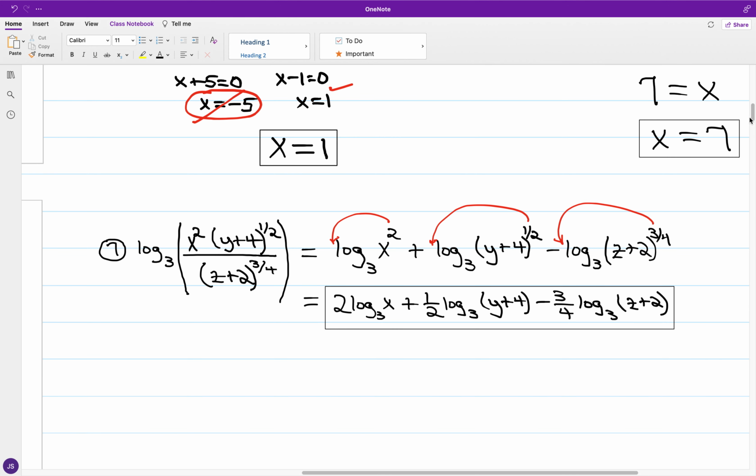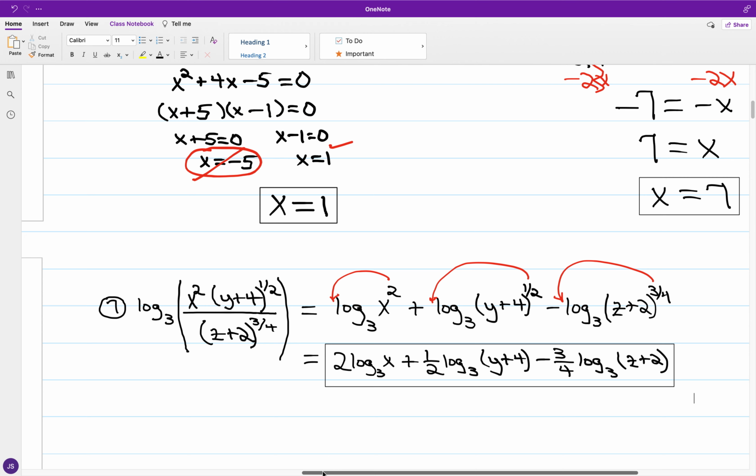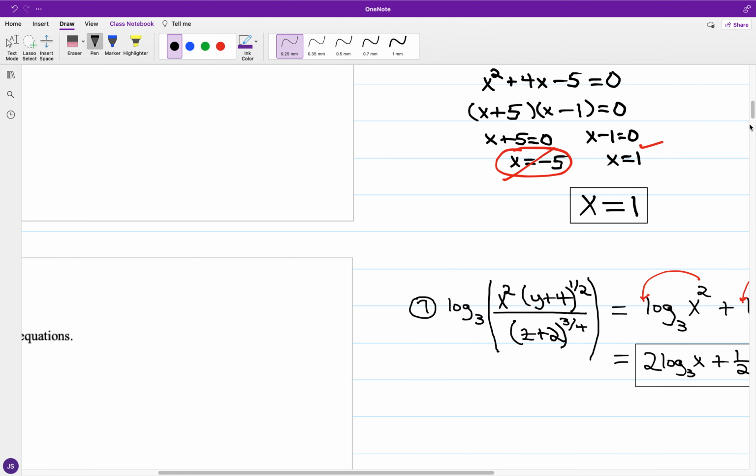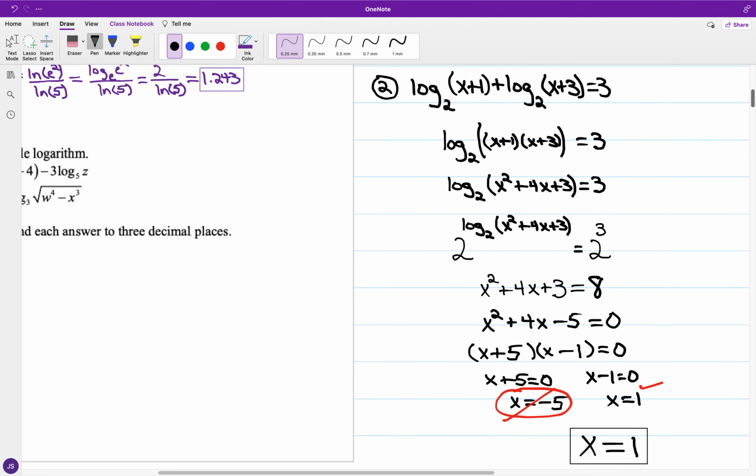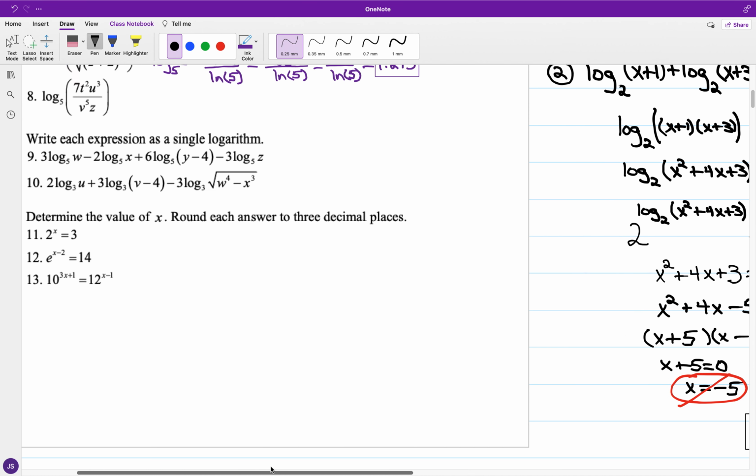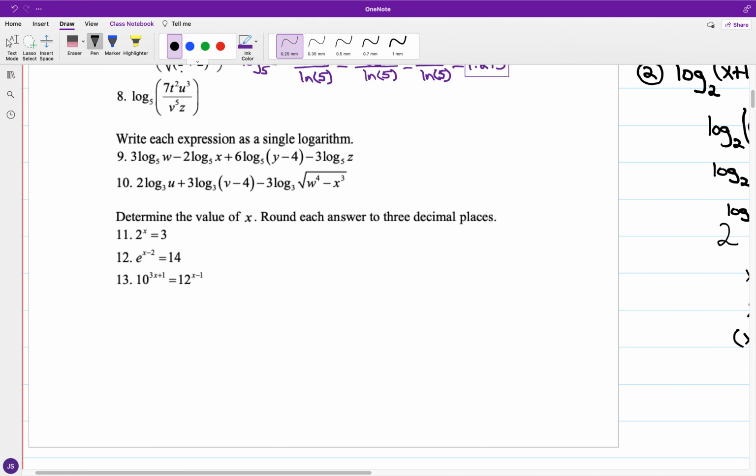And for what we have in the case of 8, we don't have any radicals, but we have multiple factors involved. And for this one, we have a base 5 logarithmic term, so the base 5 logarithm, you have 7 and t squared and u to the 3rd at the top.